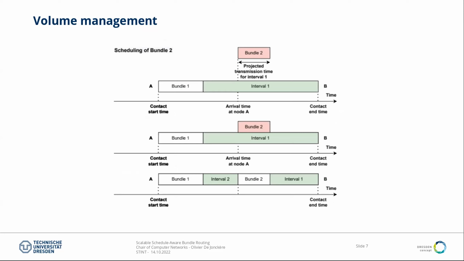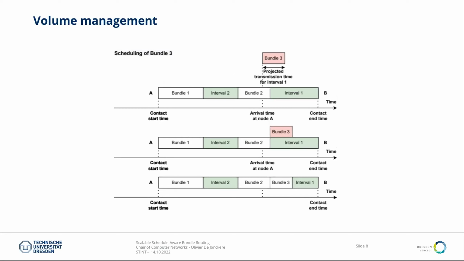So the segments which are in green are stored on the contact structure or object, and the segments in white are stored on a per-bundle basis to be able to be restored in case of rescheduling. And if we have a third bundle, well, quite trivial. It's pretty similar to what we did for the first bundle, but we do the same process from the second interval.